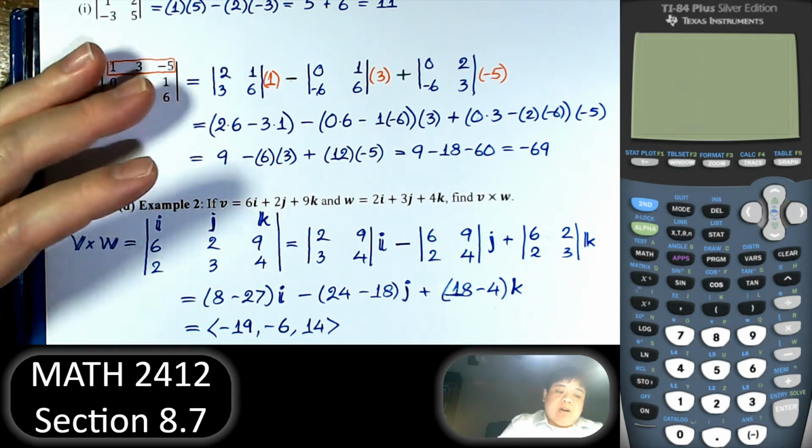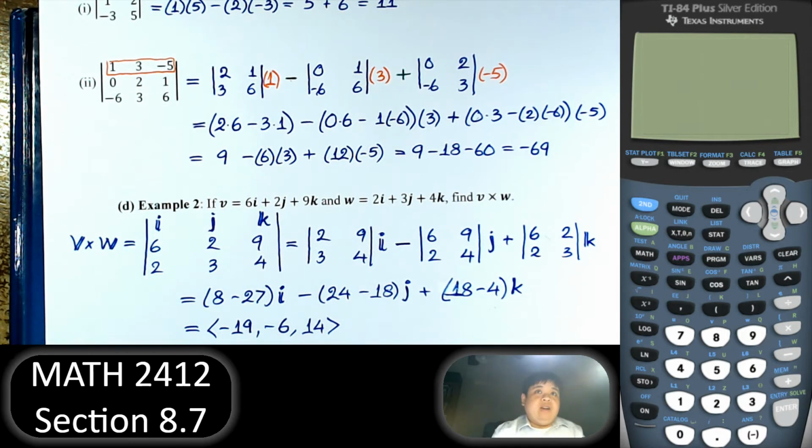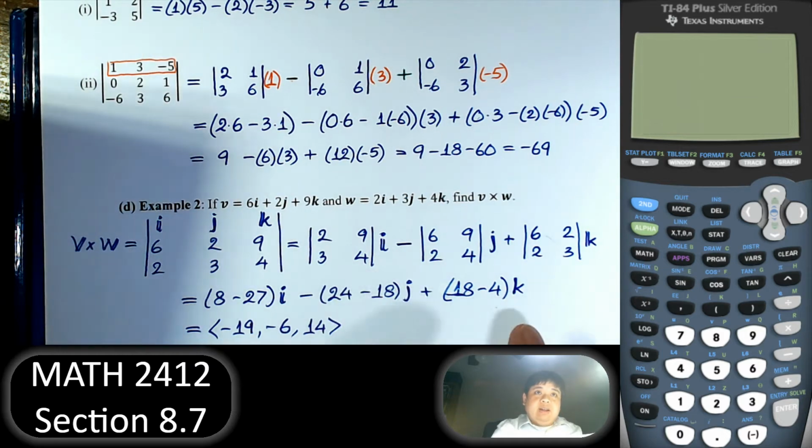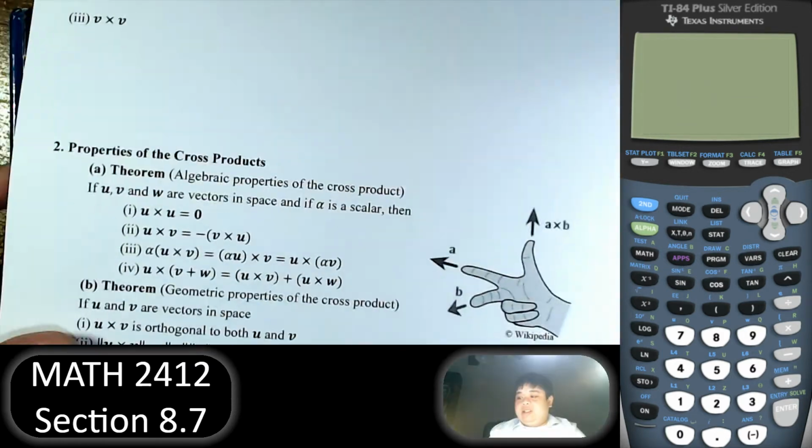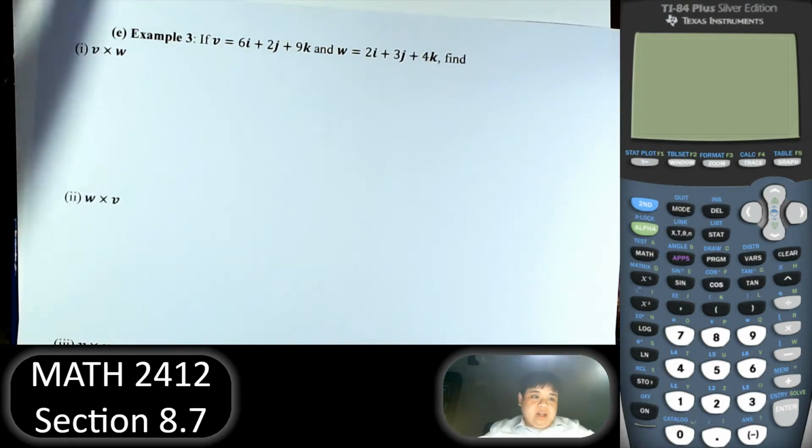So this is the cross product of V and W. So we just find the determinant. The first row is IJK, the second row is the first vector, the third row is the second vector. We just do the 3x3 determinant.